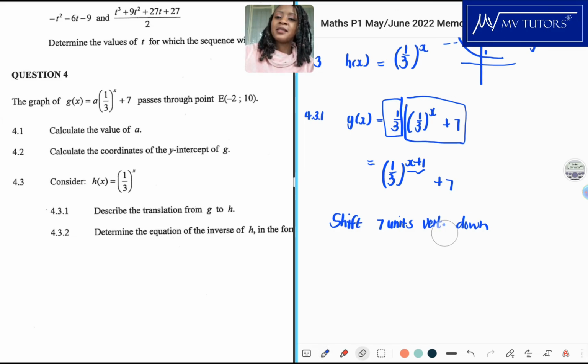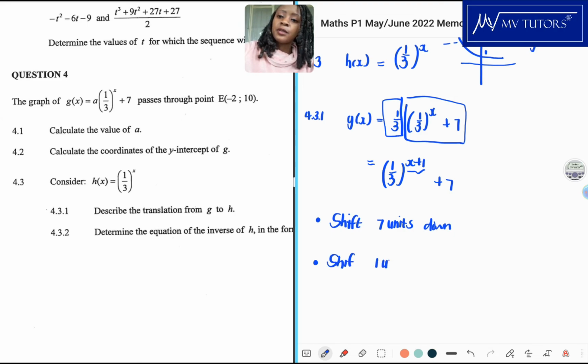So shift 7 units down, or negative 7 units vertically. So that's the first thing if you want to go from g to h. Another thing, remember it was shifted to the left from h to g, right? So if I'm going from g to h, I need to shift to the right.